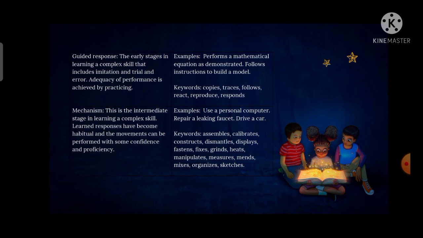You are proficient in that kind of task that involves a mechanism. And the keywords in mechanism are assembles, calibrates, constructs, dismantle, display, fasten, fix. It seems easier to remember the mechanism.